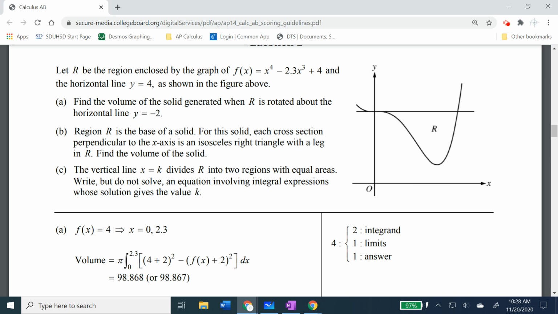And 2 points for the integrand: are you being able to correctly set up the area formula with the functions inside. The limits, they are referring to the 0 and the 2.3. To get the answer, you have to have the problem set up correctly.